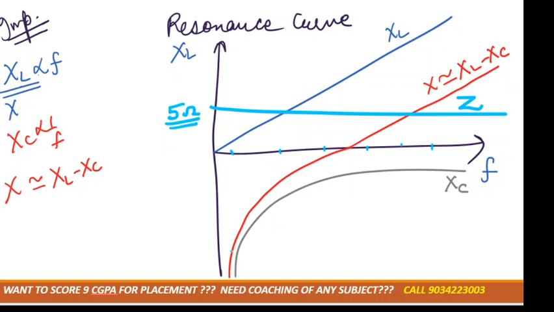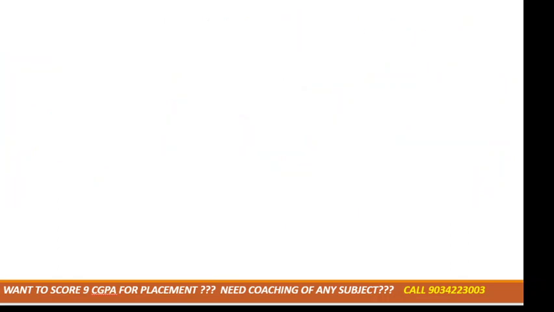See the graph of net reactance. This is XC minus XL or XL minus XC. Whichever point it is cutting, that will be marked as the resonant frequency, FR, on the graph of net reactance. Now again we have to draw the current. As you know, at the particular resonant frequency, is current maximum or minimum? I just told you. Maximum, right?